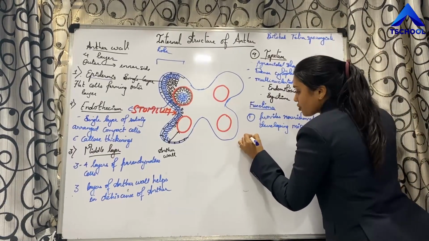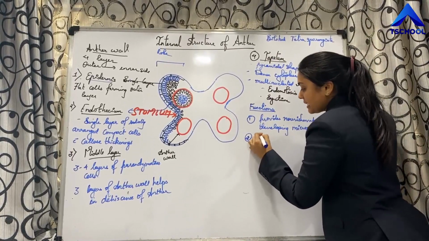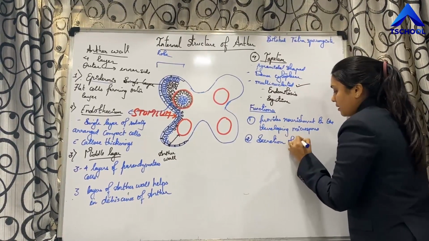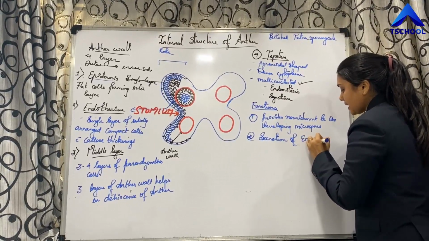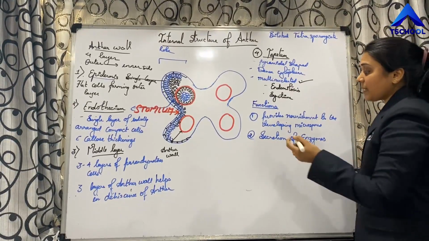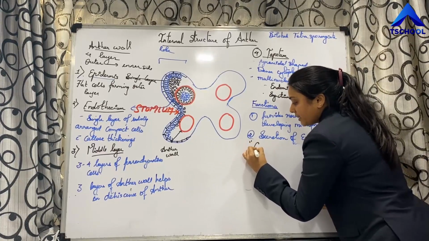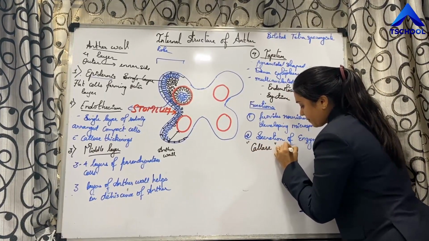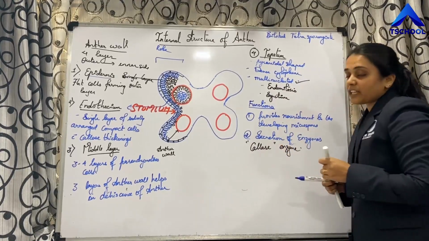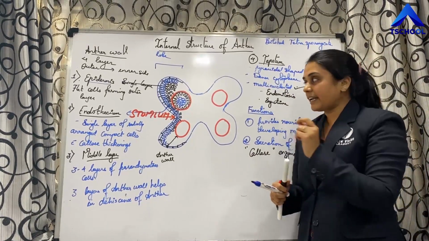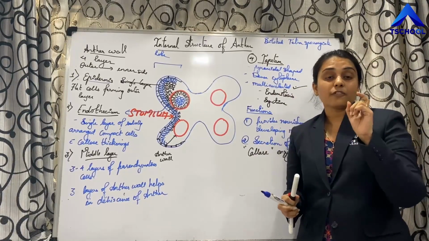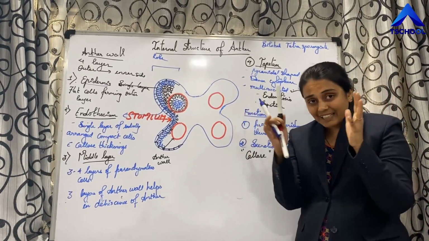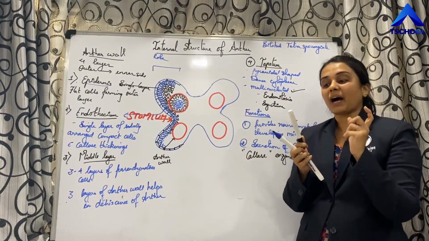Then the second function of the tapetal cells is secretion of enzymes. Which enzyme is particularly secreted? The enzyme is callase enzyme. In the further videos, you will study that when the microspores are formed, they are attached with one another by callose.